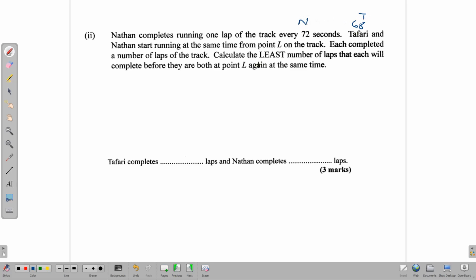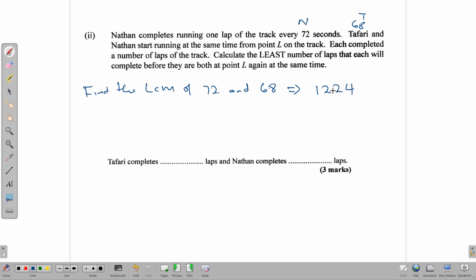And so what we need to do is to find the LCM of 72 and 68. I'm not going to go through that process right now, but you can go through and verify it. Check it for yourself. The LCM here for 72 and 68 is 1,224.